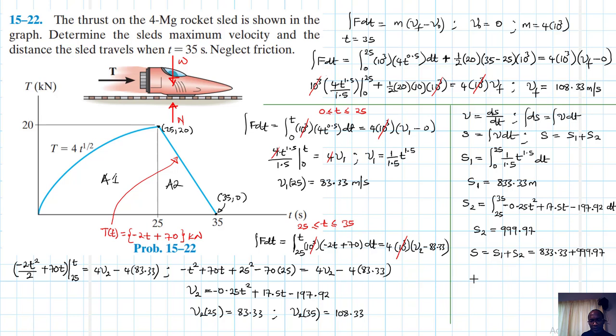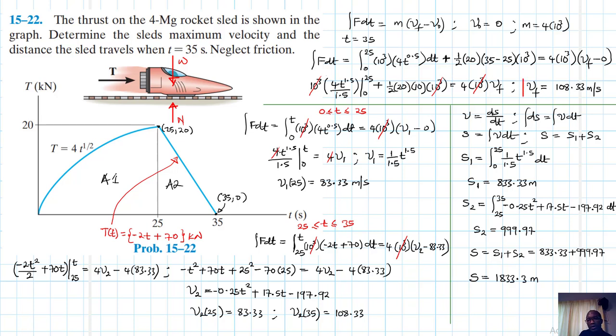This gives me total S equal to 1833.3 meters. Right. Okay, I think this is about it.